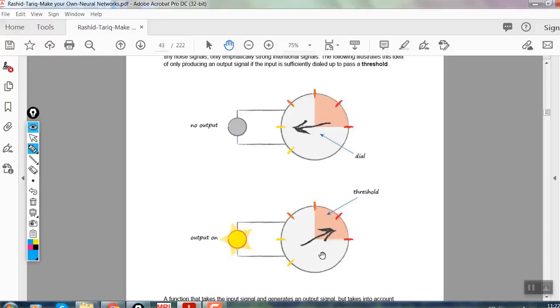But if the amount of signal is in this orange area, then we have outputs.